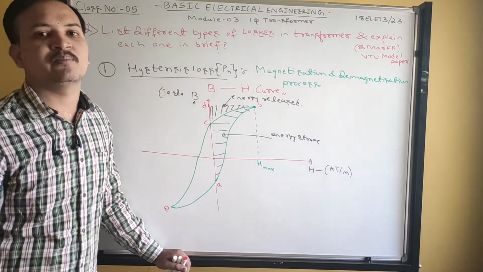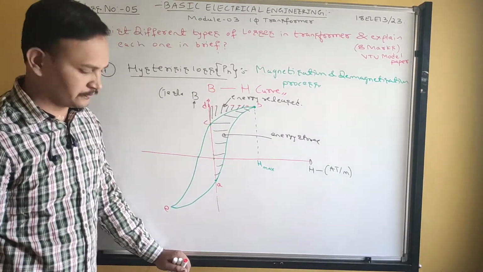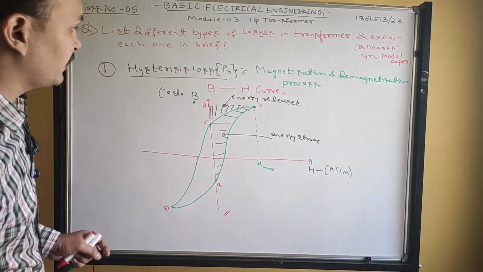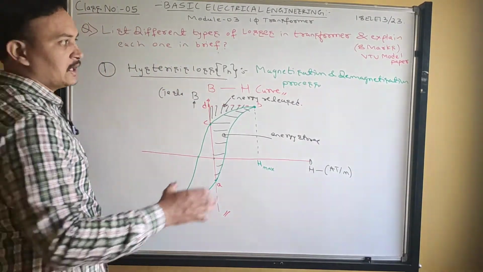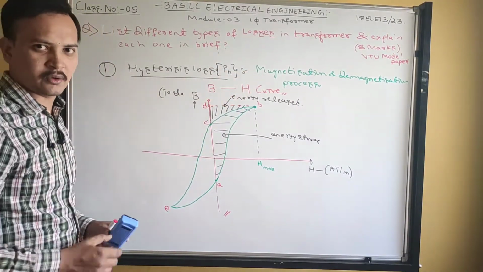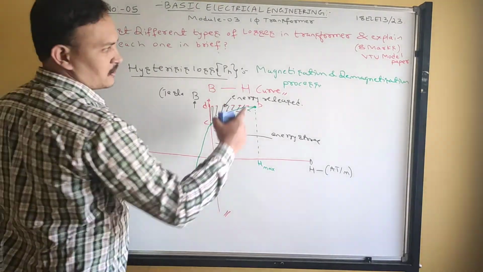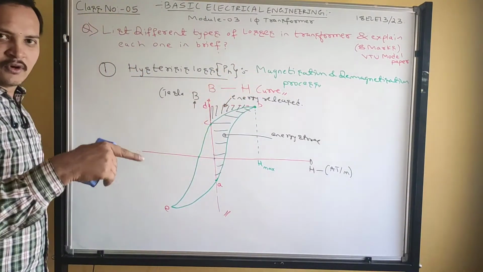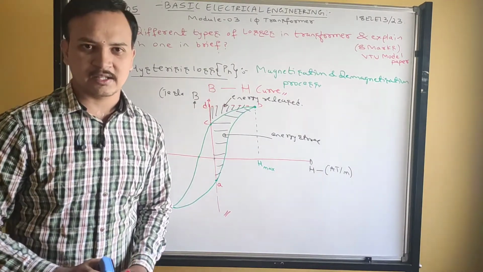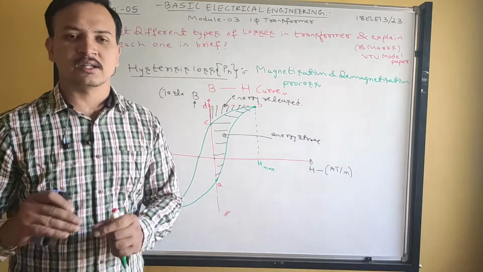Only for understanding purpose I have written this BH curve. Got it, guys? So next, pause the video and then copy down. Whatever sentence I dictated, you must listen and then write it. Only one key point I am telling once again. When an alternating current flows through the winding, it undergoes a cyclic process of magnetization and demagnetization, is called hysteresis loss.